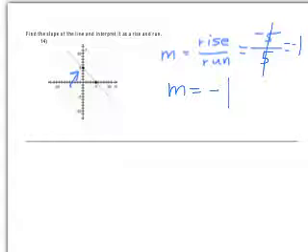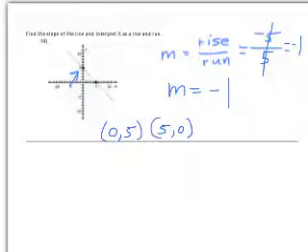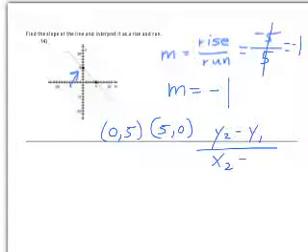Notice that you could have used the points too. We've got the two intercepts, right? We've got 0, 5, the y-intercept, and then we have 5, 0, the x-intercept. If we do this thing, y2 minus y1 over x2 minus x1, let's say we make this one first.